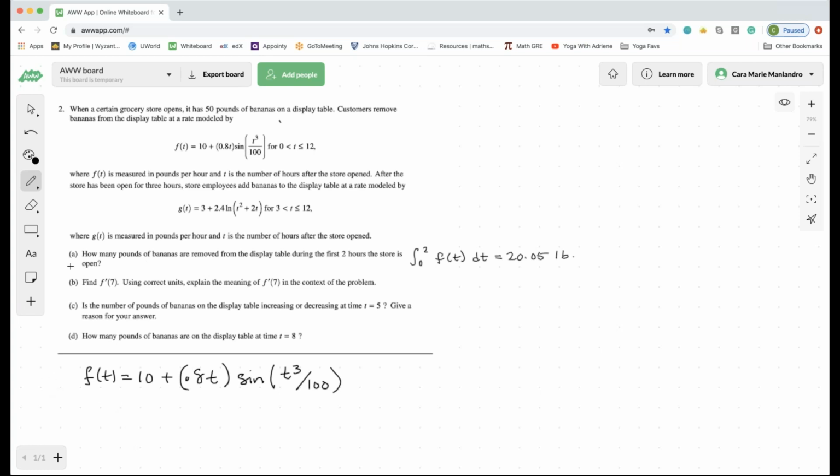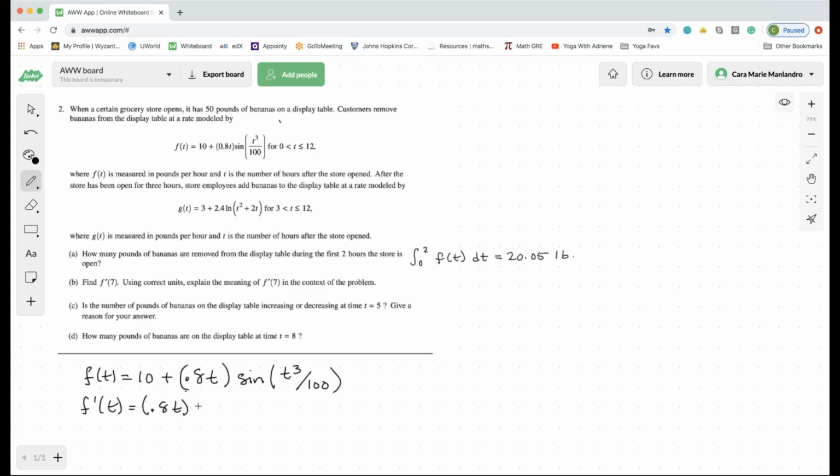All right, so let's find the derivative of this. So f prime of t. I'm going to drop out that 10 because it's a constant. Derivative of a constant is 0. Then I'm going to have to use the product rule and the chain rule. Product rule is first, derivative of the second.